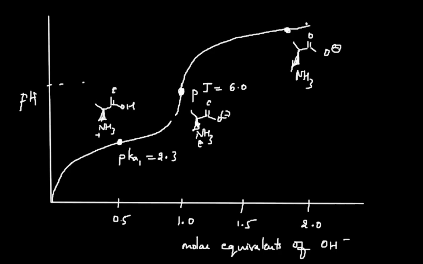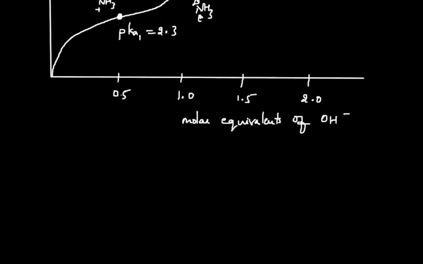Now if a molecule contains a side chain that has acidic or basic groups, the equilibrium becomes a little more complex. So consider lysine, for example. This particular amino acid has an additional NH2 group on its epsilon carbon.